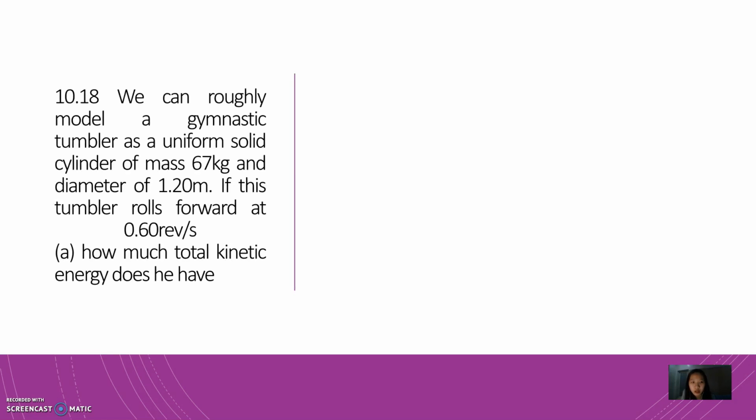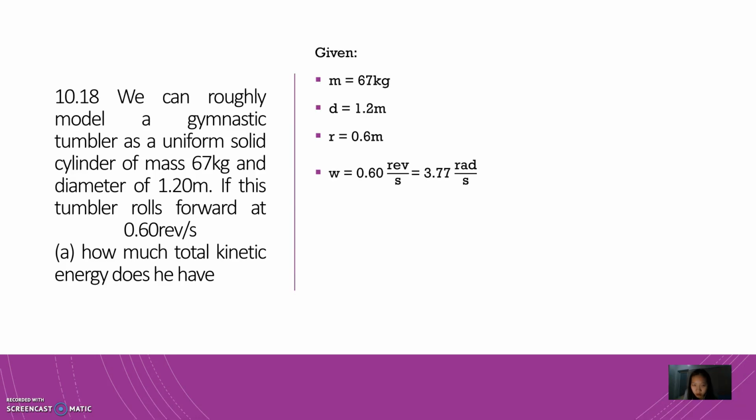Problem 10.18. We can roughly model a gymnastic tumbler as a uniform solid cylinder of mass 67 kg and diameter of 1.2 meters. If this tumbler rolls forward at 0.6 revolution per second, how much total kinetic energy does he have?